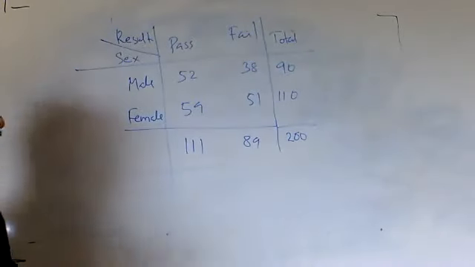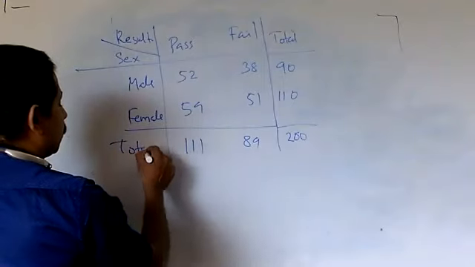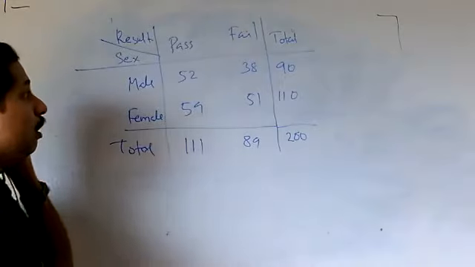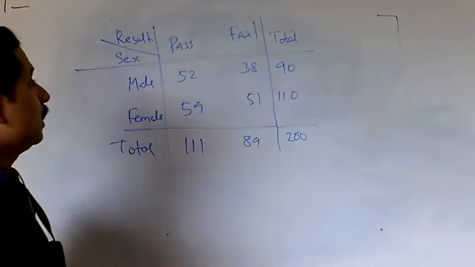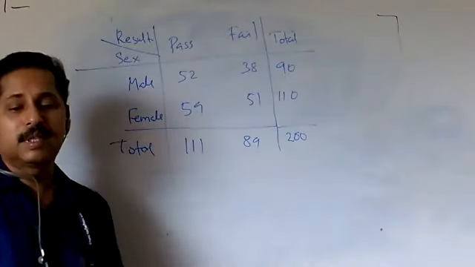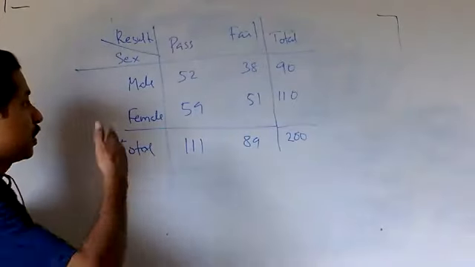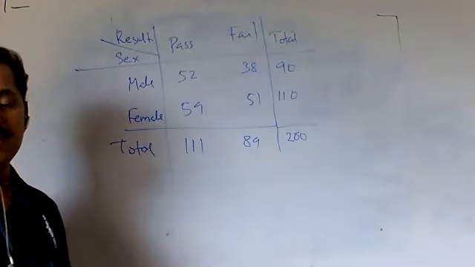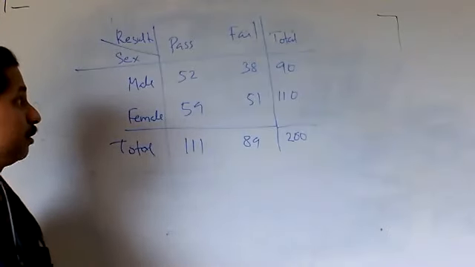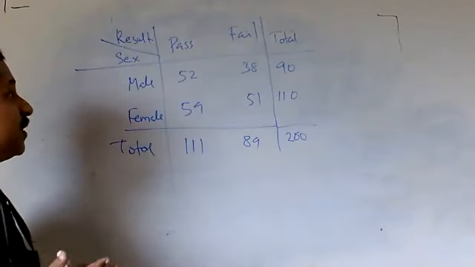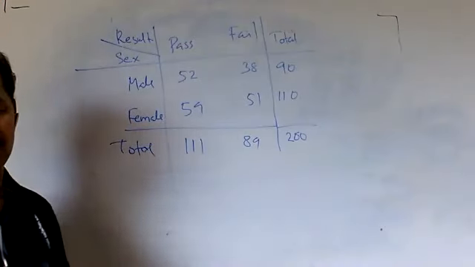There it is the column. So here the problem is whether the result is significantly different in males and females, or boys and girls. Whether the pass percentage or fail percentage is the same in both males and females.